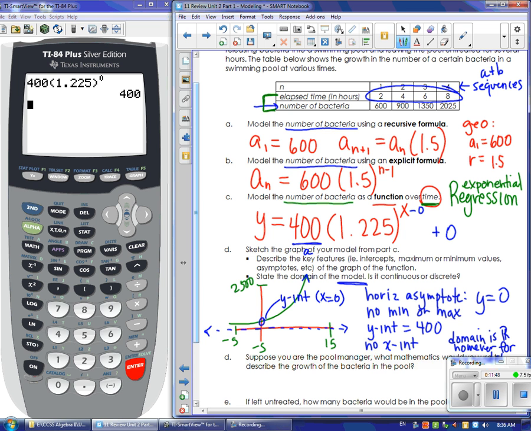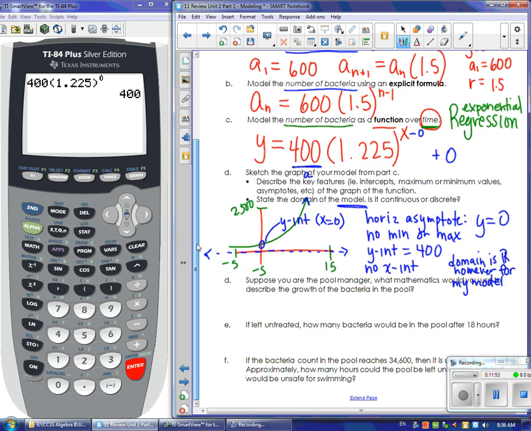My model is only good for the time frame from 2 to 8 hours. So I'm just going to specify that it's only good for that time frame. And this is, if you remember the writing assignment that you guys had with the argumentative writing, and we made a prediction that was way beyond our data, even if this is a perfect model, which it is, it hits every single data value.